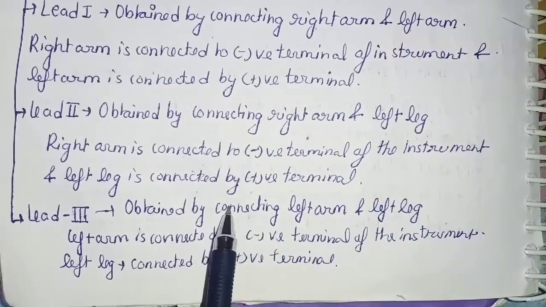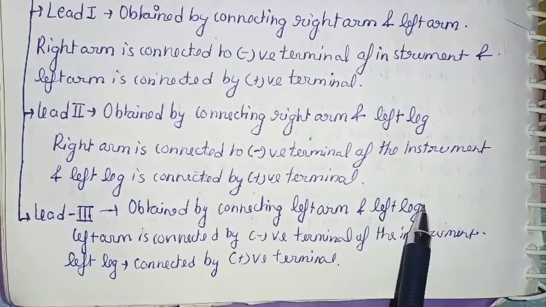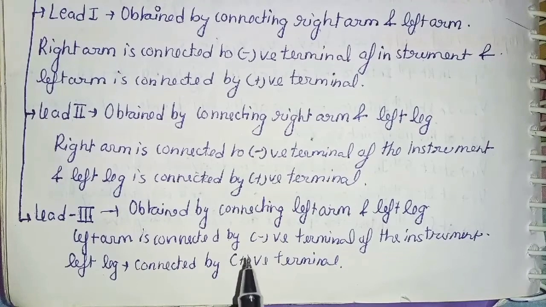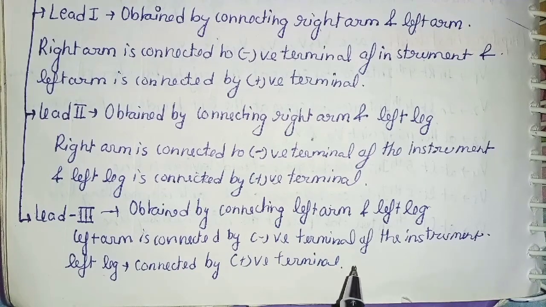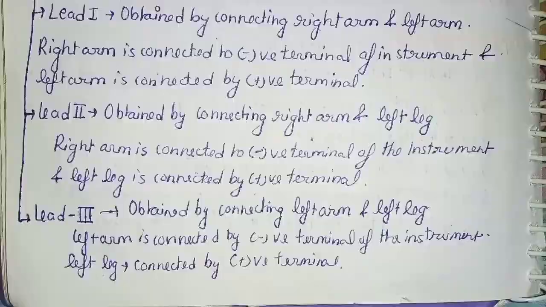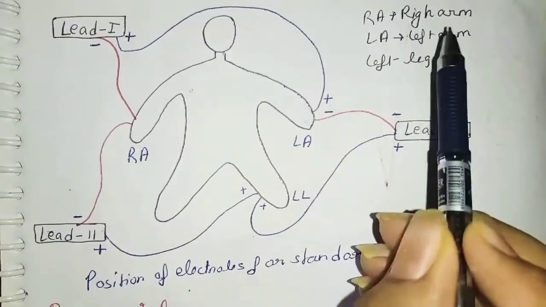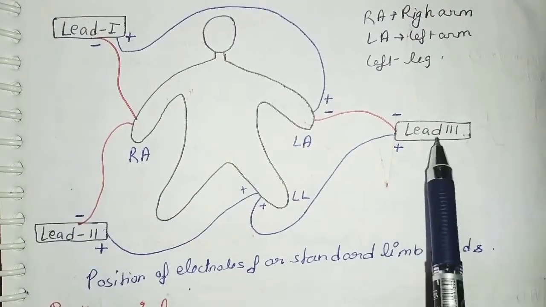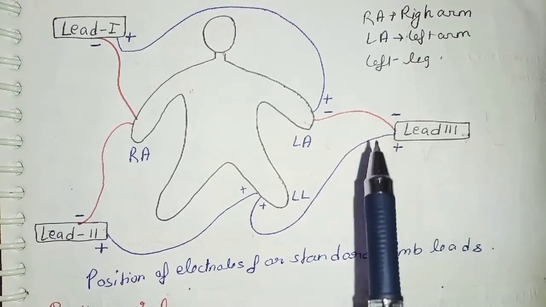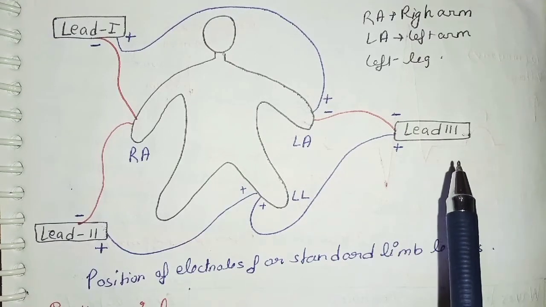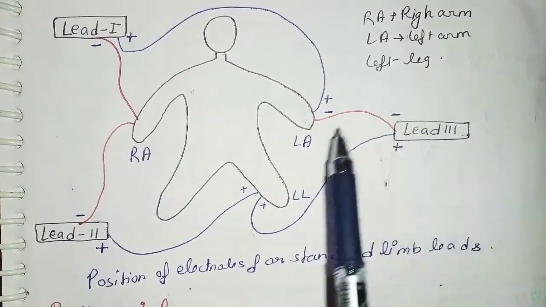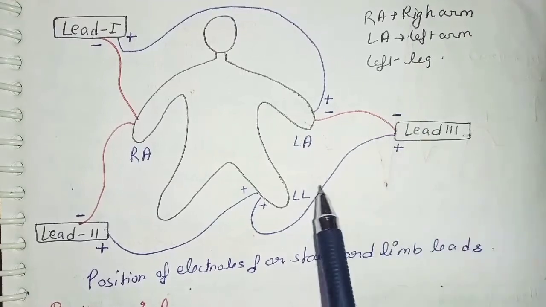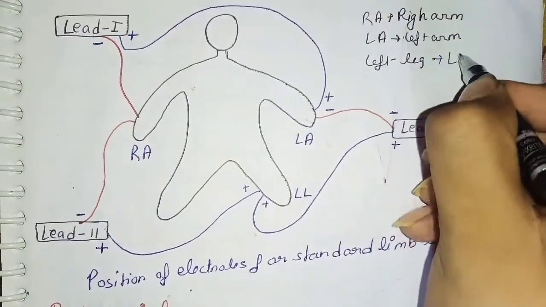Lead 3 is obtained by connecting the left arm and the left leg. The left arm is connected to the negative terminal of the instrument and the left leg to the positive terminal. As you can see in the diagram, lead 1, lead 2, lead 3. These three leads are the bipolar limb leads, and RA represents right arm, LA represents left arm, and LL represents left leg.